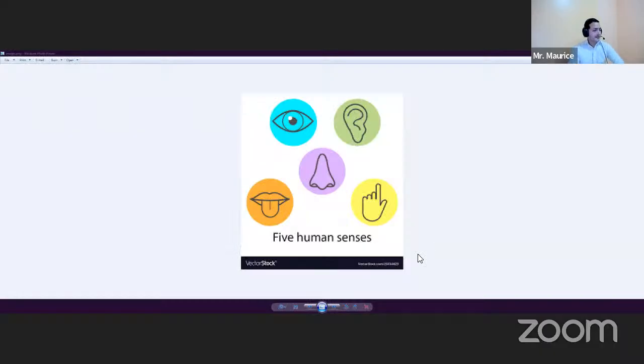Okay, so as you can see, we have some parts of our body, the upper part of our body, right? We have an eye, an ear, a nose, a mouth, and our finger. In other words, our hands. As you can see, we have five different pictures.